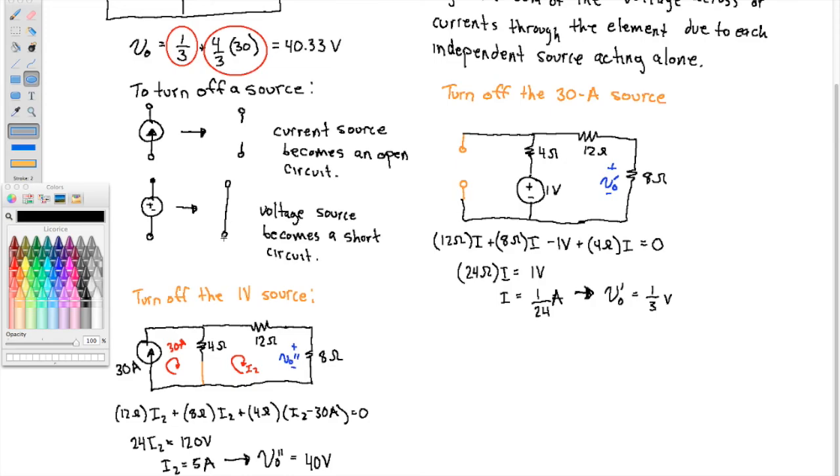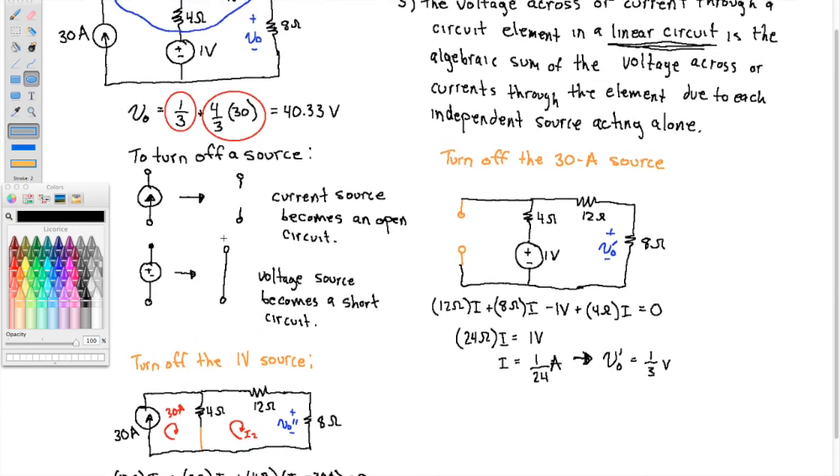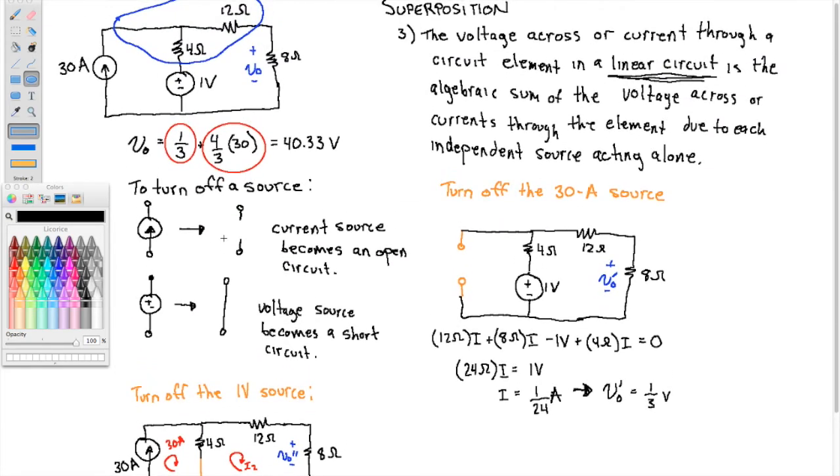So this is always going to be the case that for linear circuits, the quantity that you're looking for is always going to be a sum of all the contributions from each independent source. So here we had two independent sources, so there are two contributions to the output. So that's what we just saw.